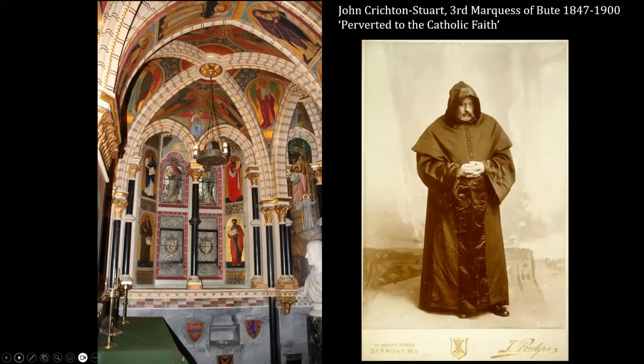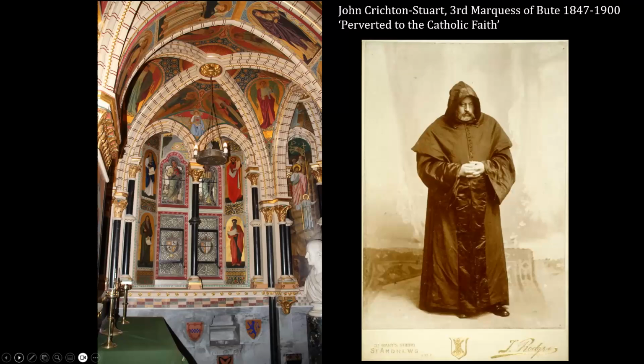And you see him here photographed in the guise of a monk. I've always had the impression that if the Marquis of Bute could have been a monk, or even better, a scholar, he would have been much happier than the job that actually came to him, which was running these vast estates that stretched from Scotland to Pembrokeshire.